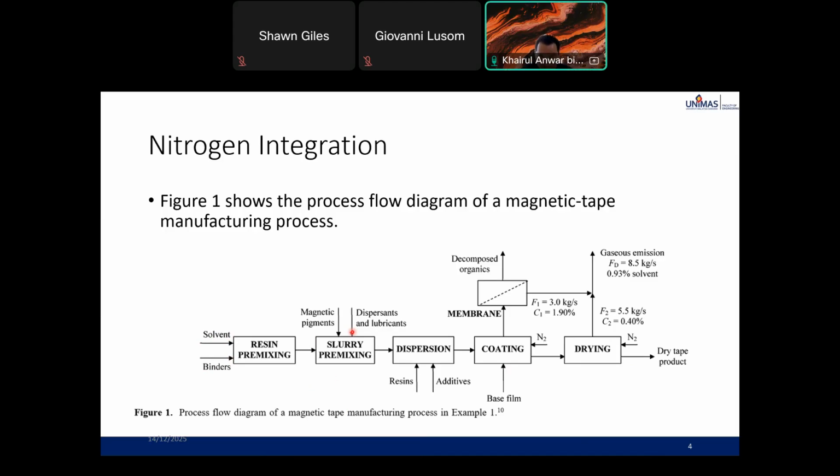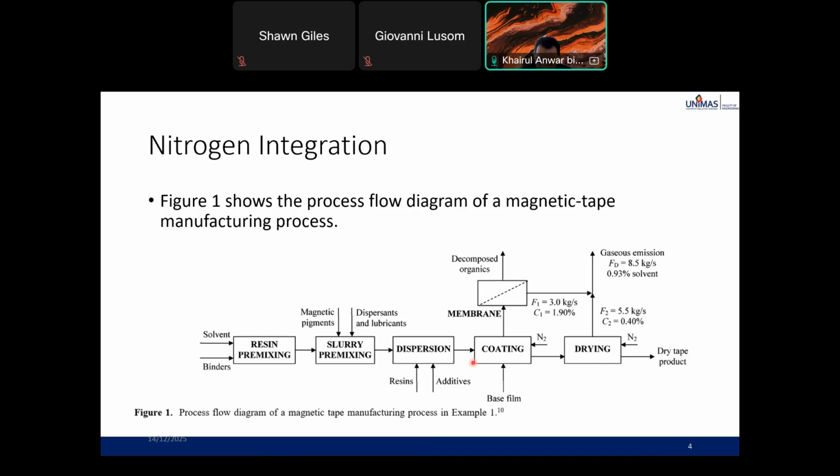Next, the coating slurry is deposited on the base film. Nitrogen, okay, this is where the nitrogen is used. Nitrogen gas is used to induce evaporation rate of solvent that is proper for deposition. A small amount of the solvent is decomposed into other organic species in the coating chamber.